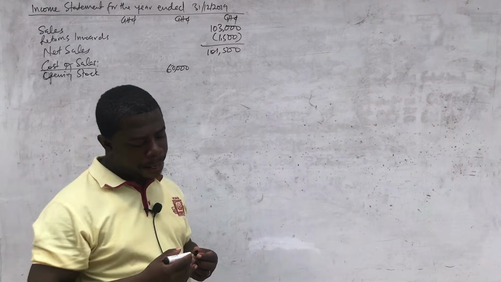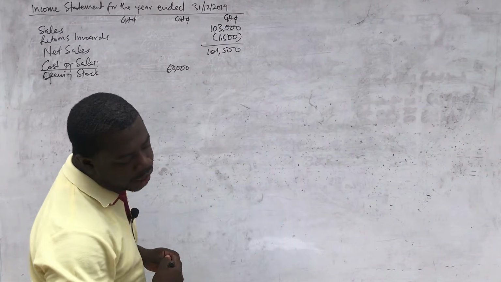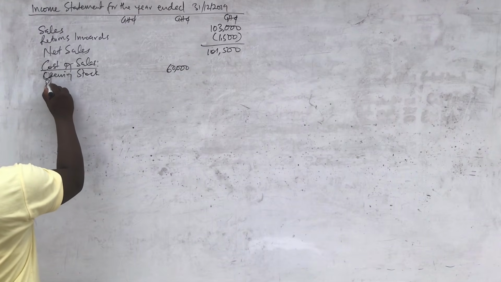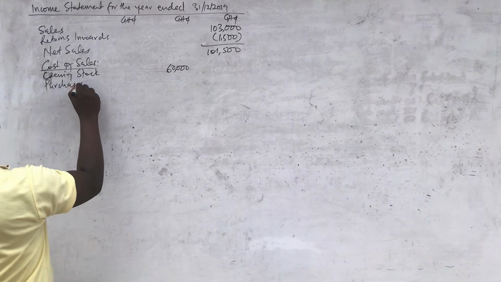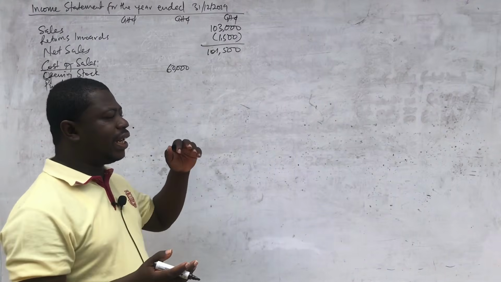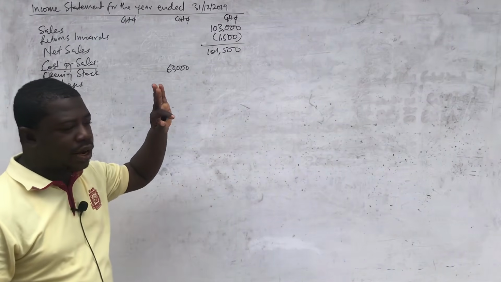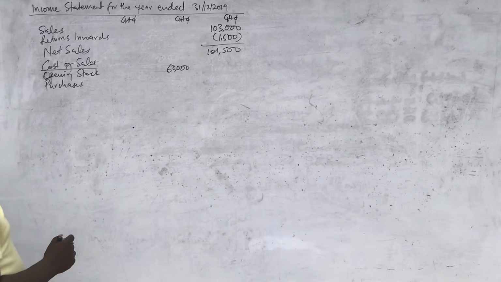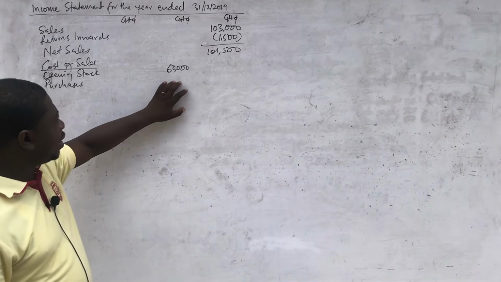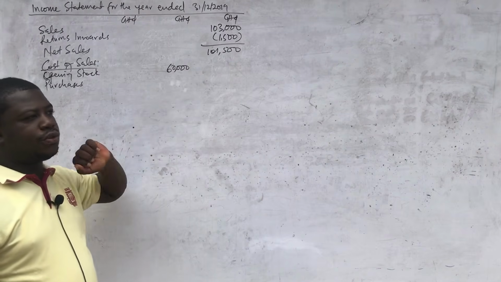Check it again. And then we add our purchases. Now, the purchases, we calculated that from our workings 2, which is the total purchases, where we added the cash purchases to the credit purchases that we established from the control account. And so the purchases will come, if there is no adjustment on purchases, straight to add up to the opening stock.